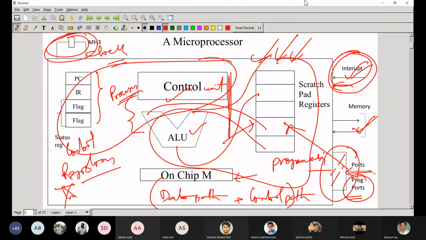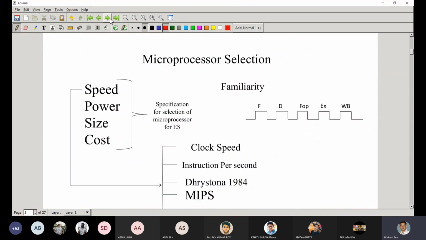After that, in the microprocessor, I have given the most important features: speed is the requirement. Already everything I have discussed, just recall: speed, power, size, and cost. These are the specifications for selection for our embedded system. If you choose a particular microprocessor in an embedded application, at that time you have to think about all these things.